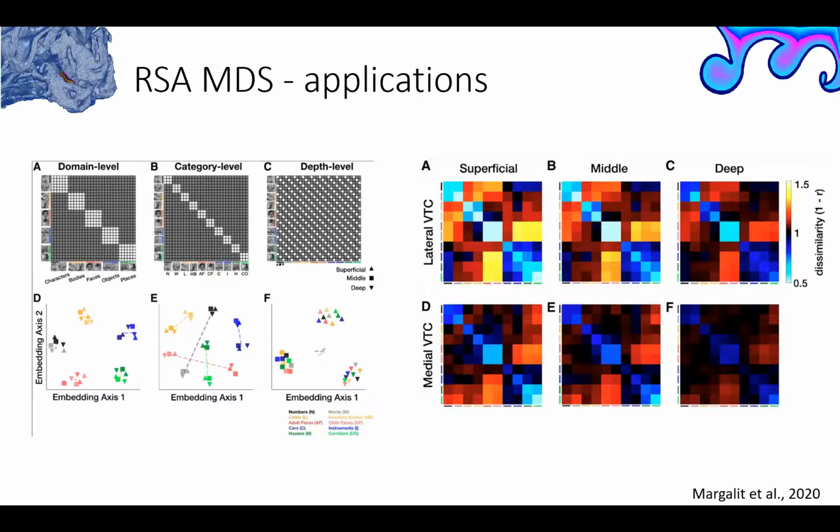Ished looked at lateral and medial VTC, and he compared this data with the model. And while he didn't find meaningful correlation between the depth level model and the data, and in fact the domain level model was the one that explained the data best, he did observe some interesting cortical depth differences, where the dissimilarities of the within domain level representations were most pronounced in the inner depth compared to the outer depths.